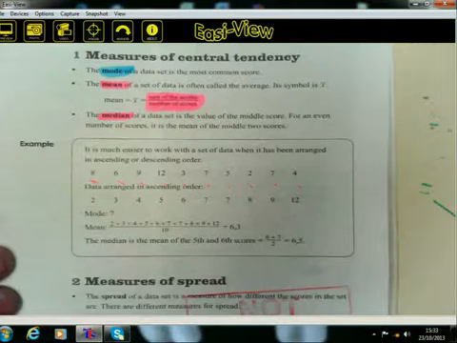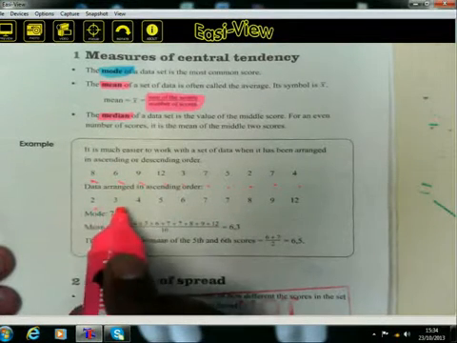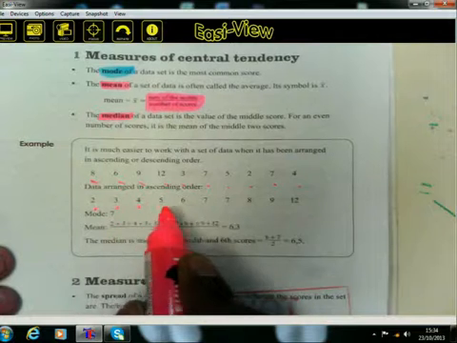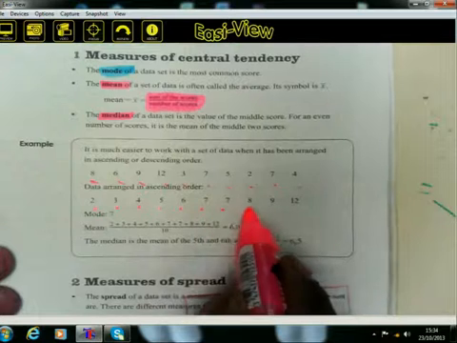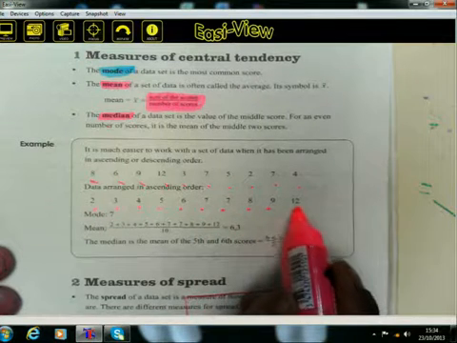Let us rearrange in ascending order. Ascending means you start from the smallest to the highest. In our set, we have 2, then 3, then 4, then 5, then 6, 7, 7, 8, 9, and the last one is 12.